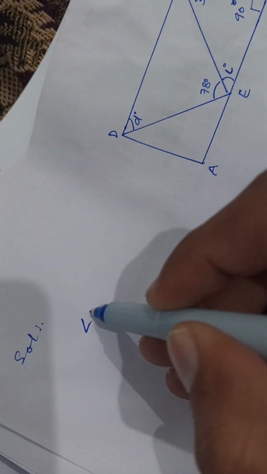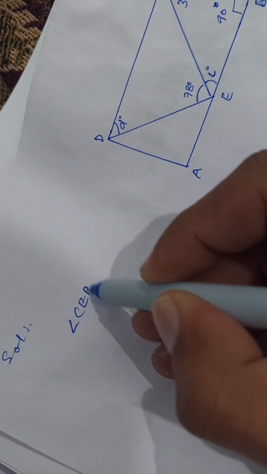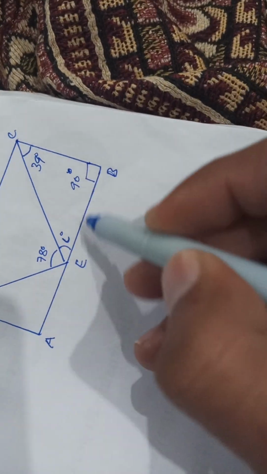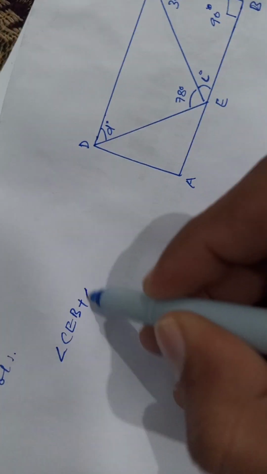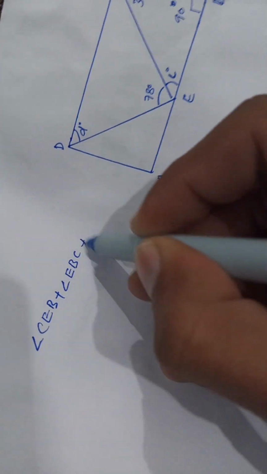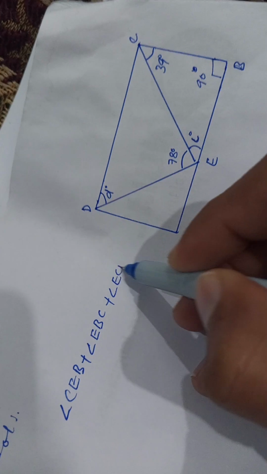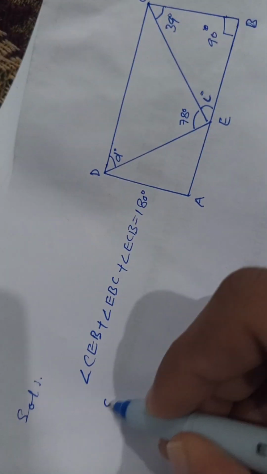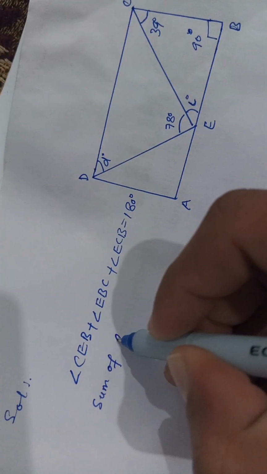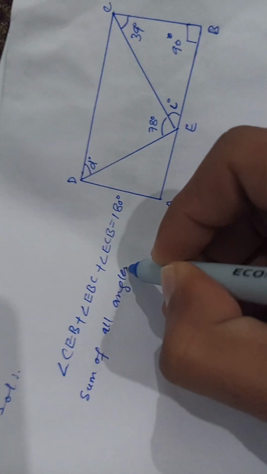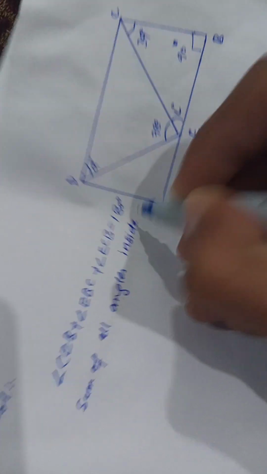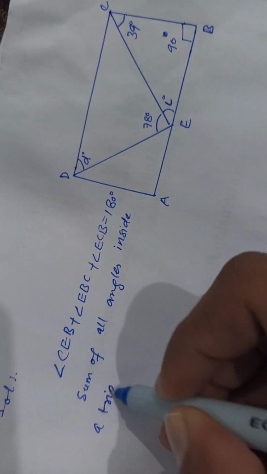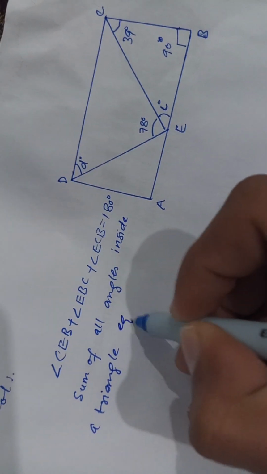So angle CEB plus angle EBC plus angle ECB equals 180 degree. Now you have to mention the reason why it equals 180 degree, because the sum of all angles inside a triangle equals 180 degree.